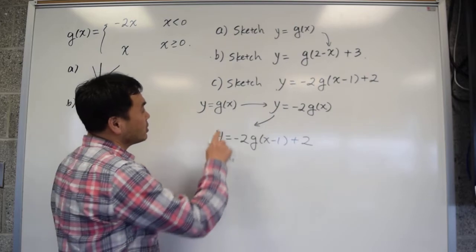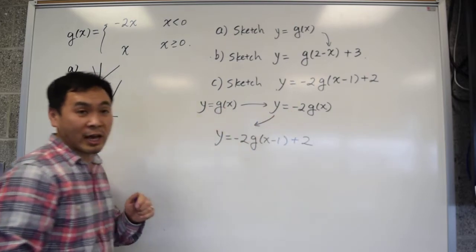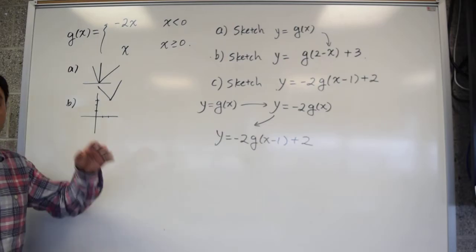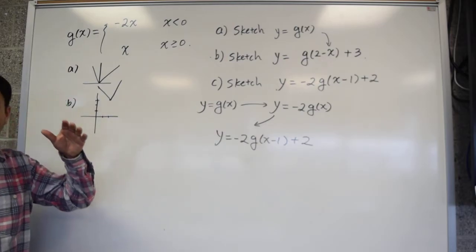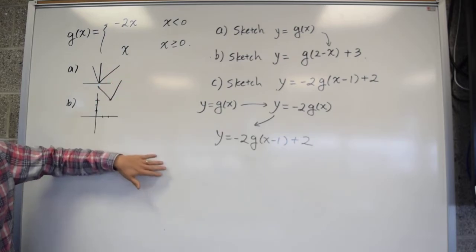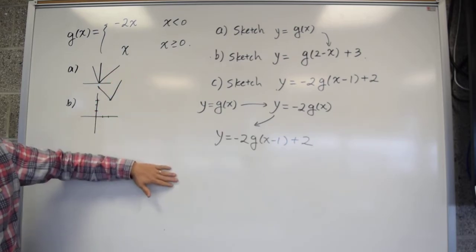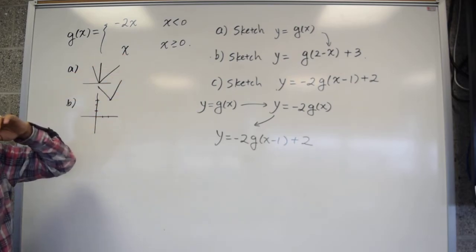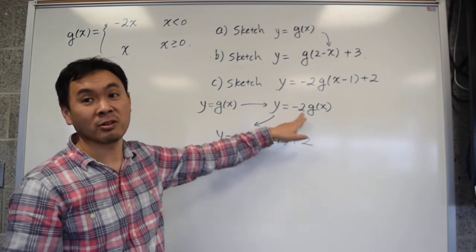First, if you put a negative in front of g, what happens to the graph? It will reflect over the x-axis. All the values become negative, so the graph becomes upside down. What does this 2 do?